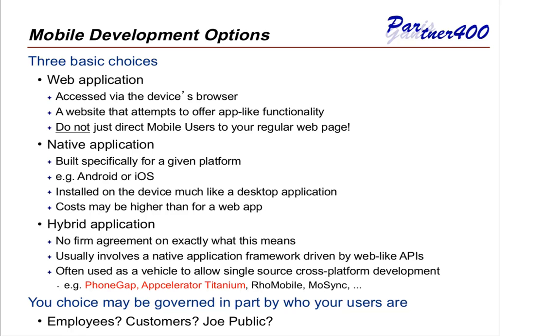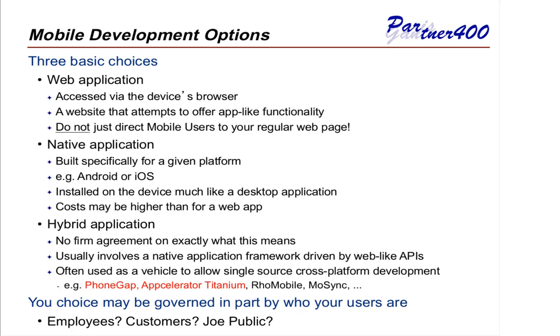There's another category called hybrids, and that's a really mushy line. There's no real agreement on what it means. But generally speaking, it's where you have a native set of componentry which is driven by a web-like API.